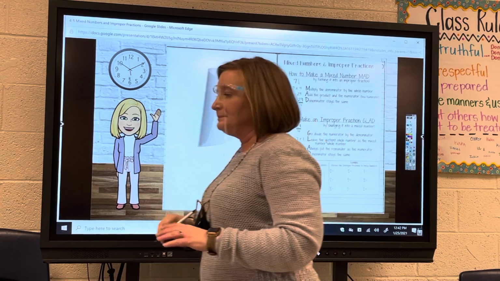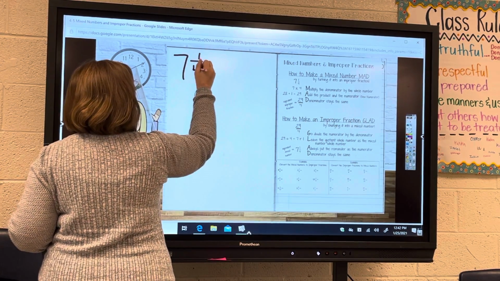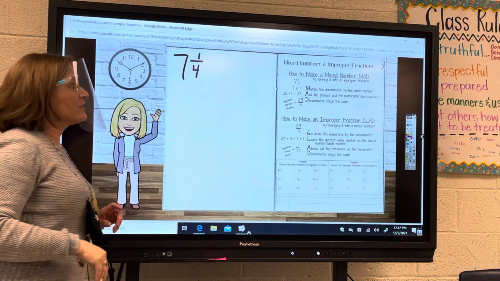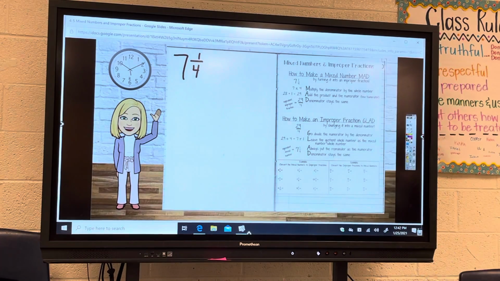All right. I'm going to go through this example right here on your paper. 7 1/4. And fractions do not like it when the top number is bigger than the bottom number, okay? They prefer to be a mixed number. A mixed number is when we have a whole number with a fraction.